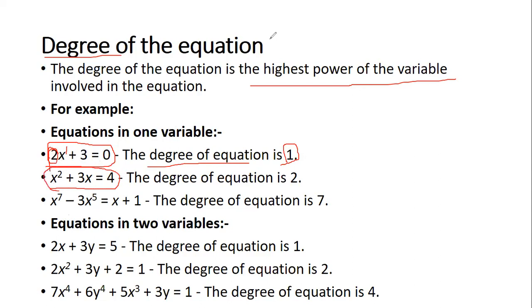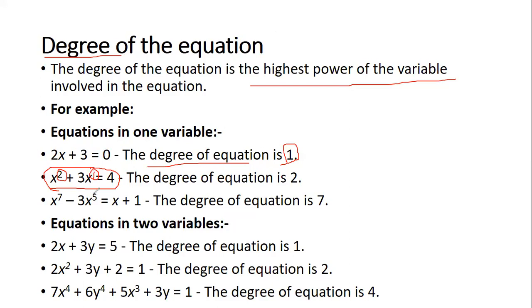Tell me what all powers are present. Why am I asking powers? Because you have x to the power 2 and x to the power 1. There are two terms with power 2 and power 1.